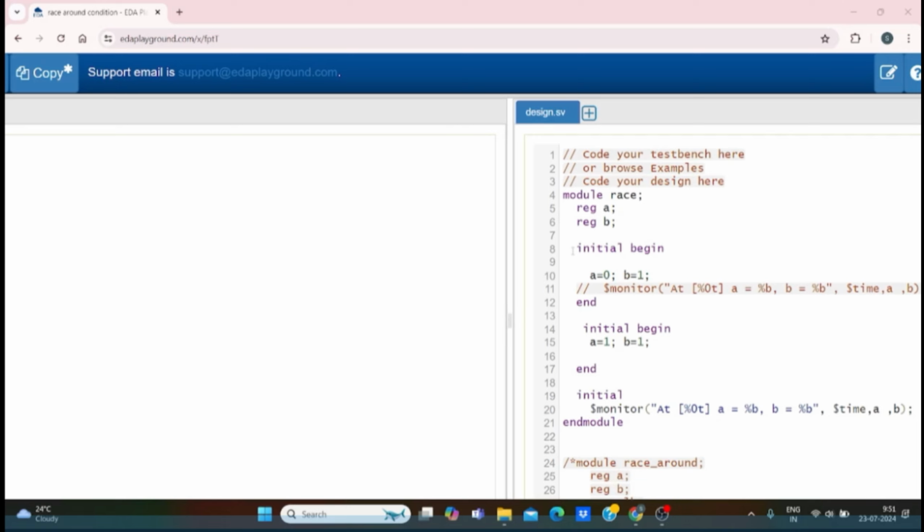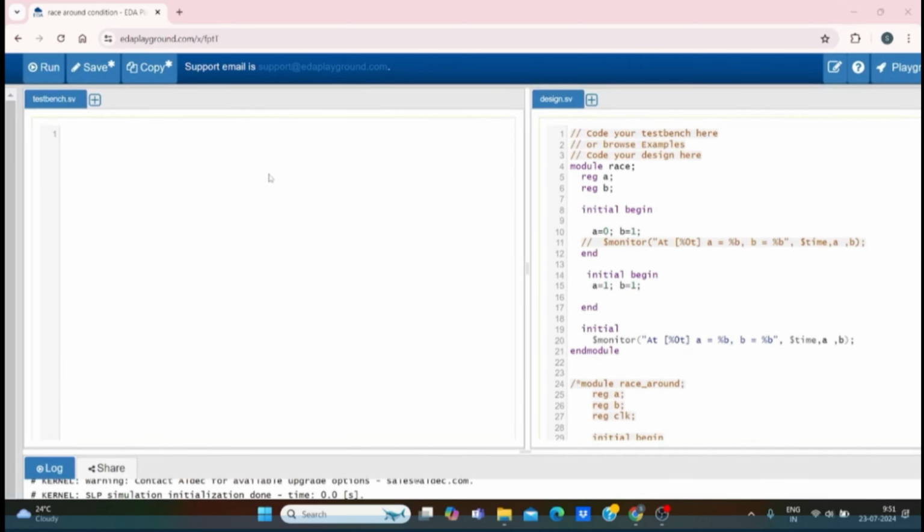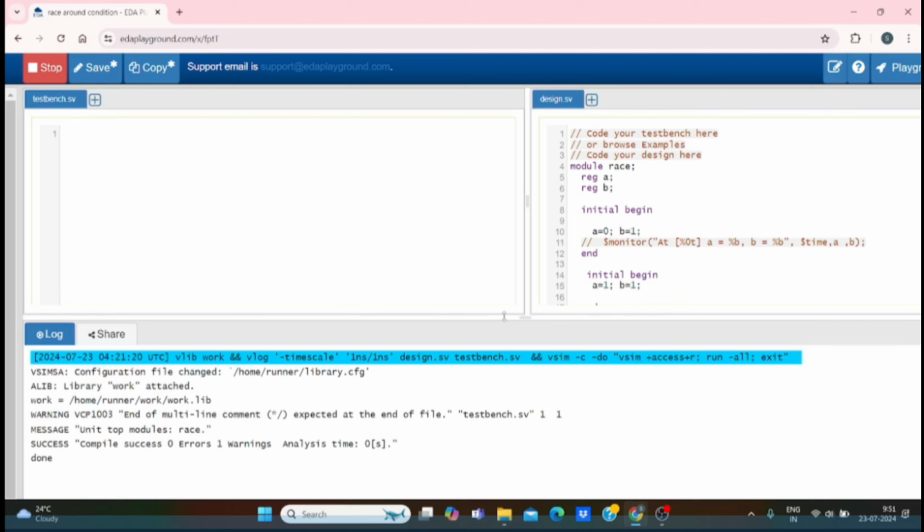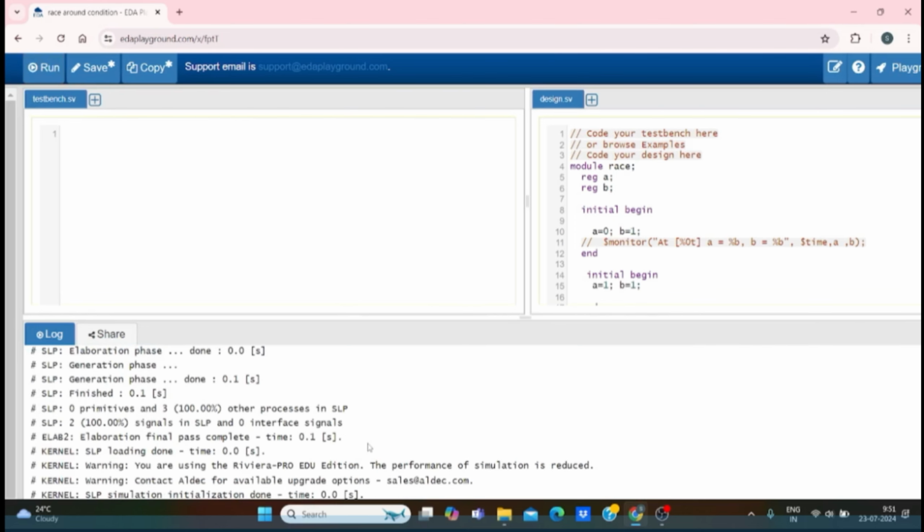So when you run this, both the initial blocks will start at 0 time only. Since both are running at 0 time, the simulator gets confused about which to operate first and which next.